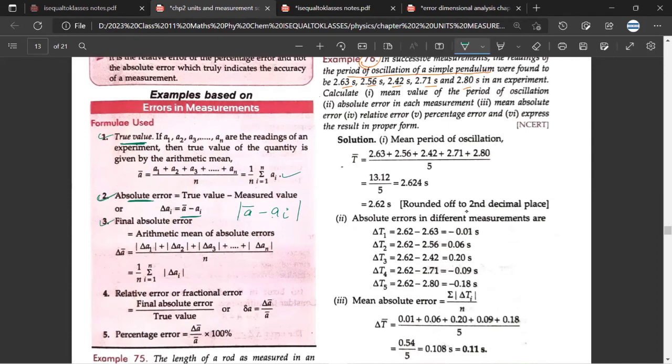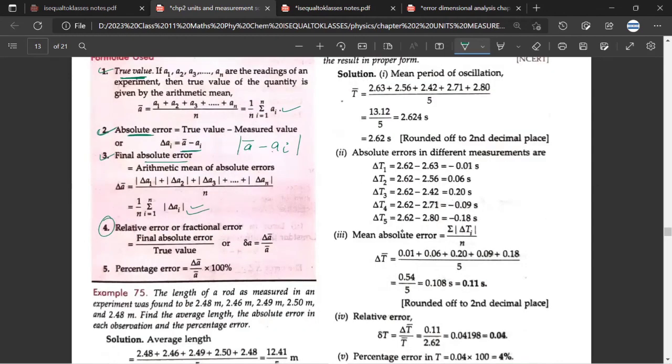This is the final absolute error, and then I can calculate the fractional error, which is also called the relative error. This figure divided by the true value would be the relative error or fractional error, and the percentage error is this figure divided by the mean value multiplied by 100.